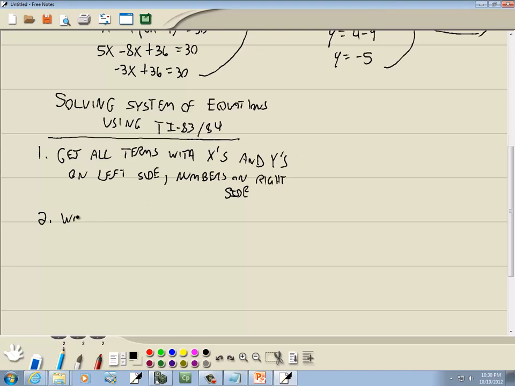Step 2, write down your matrix. And basically, you drop the x's, the y's, and the equals.